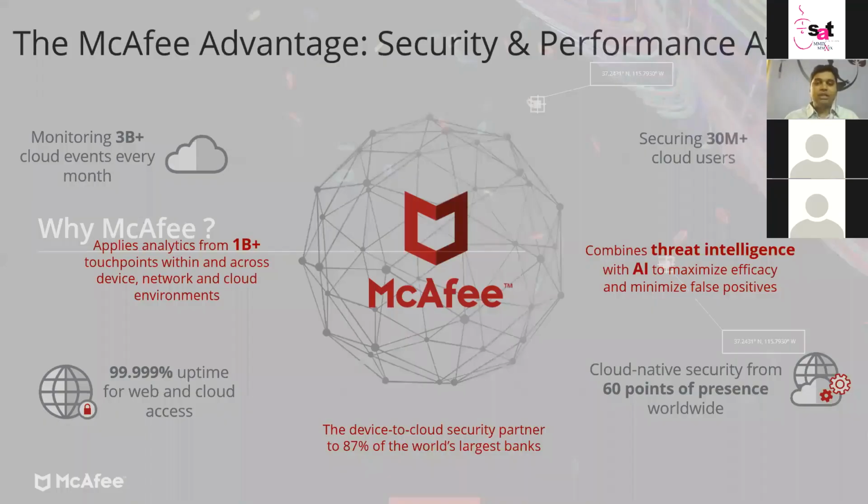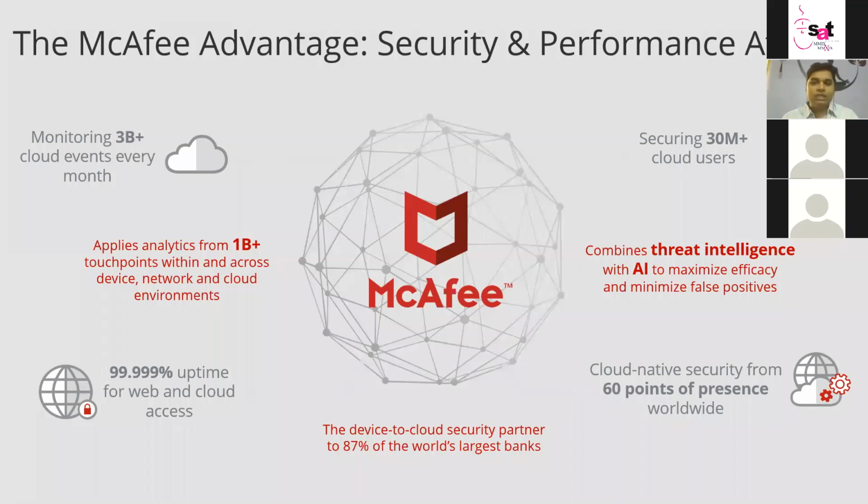Why McAfee? Obviously, we have the biggest database of security, or threat database, across the world. Uptime is one of the strong points for McAfee, which is 99.99 availability for web and cloud access, right? 60 points of presence across the globe for web. That is also one of our strong points, right?